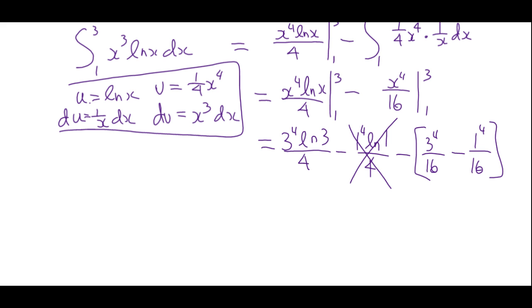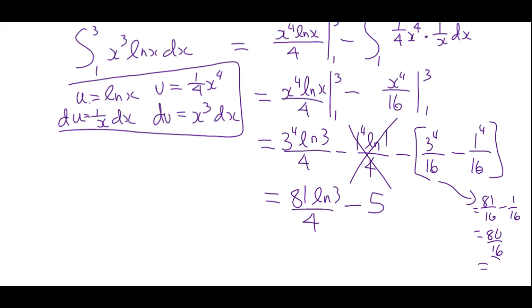So, gone. So 81 ln 3 over 4 minus, this is 81 minus 1, which is 80 over 16, which is 5. So 81 quarters times ln 3 minus 5.